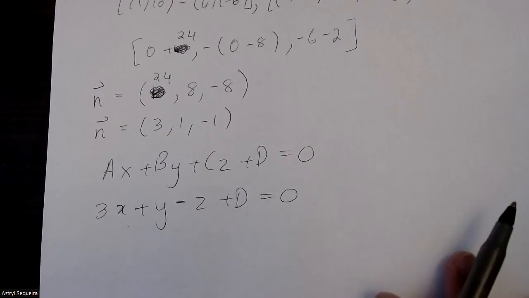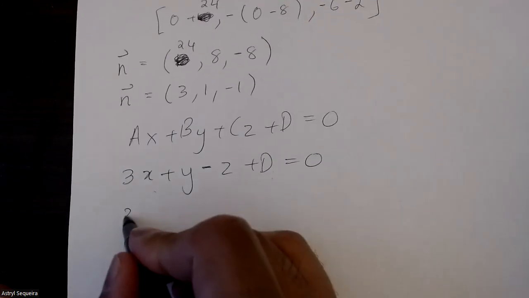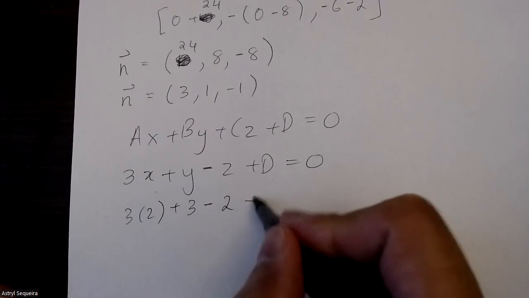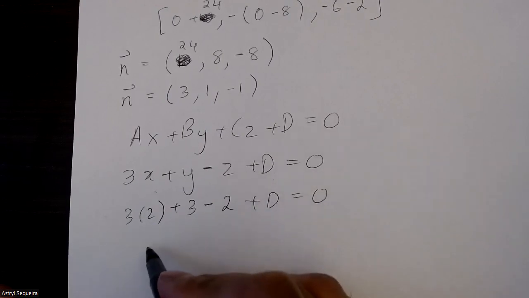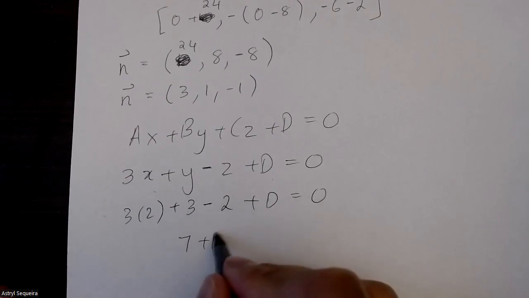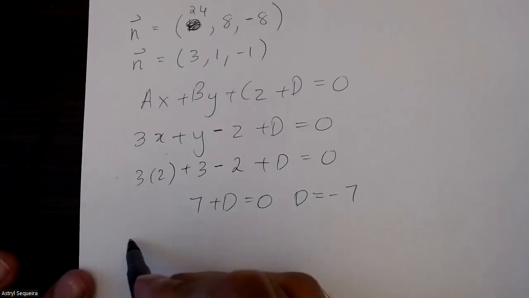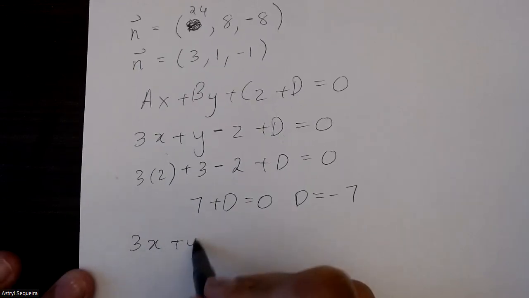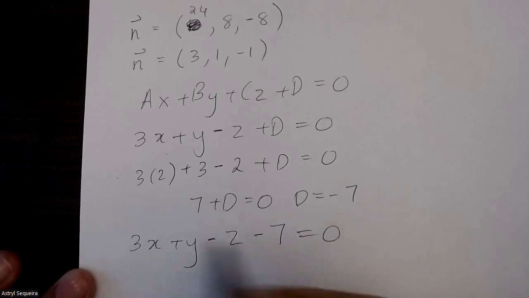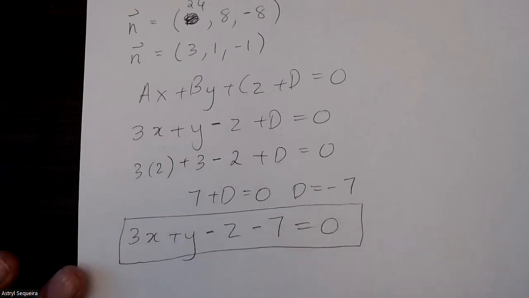I'm just going to sub in the point 2, 3, 2, the one on the line. 3 times 2 plus 3 minus 2 plus d equals to 0. That's 6 plus 3, which is 9, and 9 minus 2 is 7 plus d equals to 0. So d is just negative 7, and then I can write my equation as 3x plus y minus z minus 7 equals to 0, and this is the Cartesian equation of the plane.